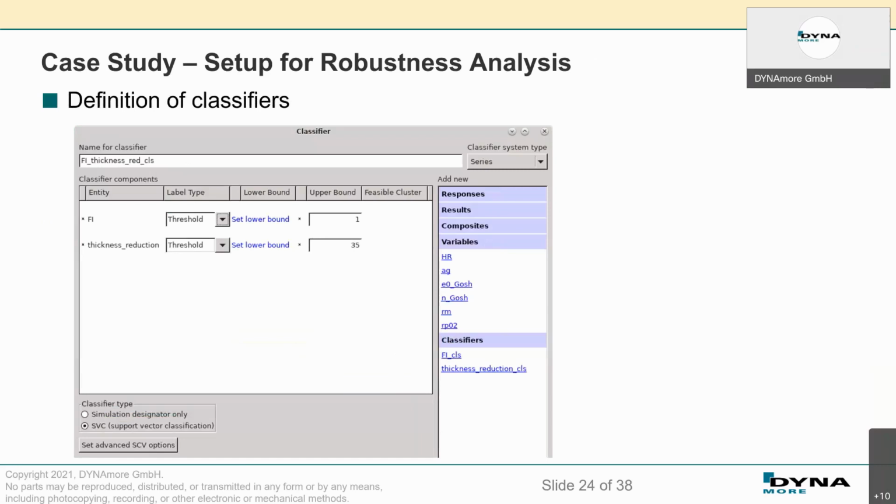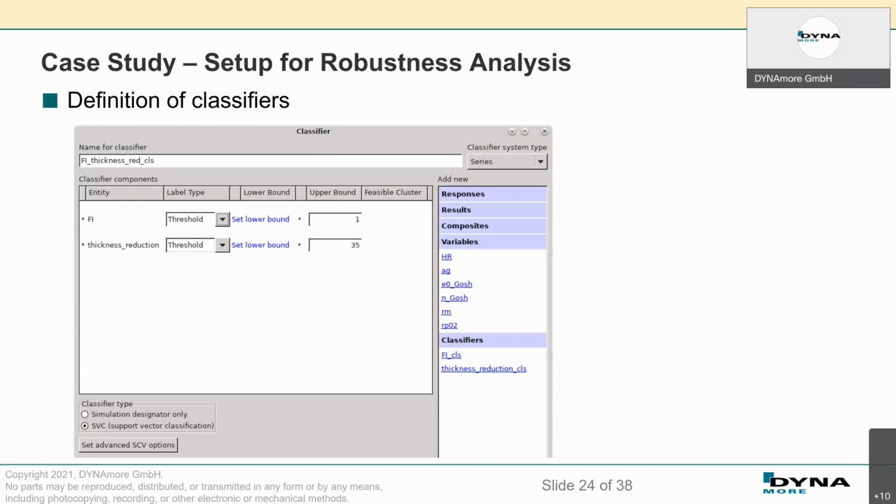To use the adaptive sampling, we first need to define the classifiers. To define a classifier, we first need to extract the components we want to use from the LS-DYNA simulation results. I won't go into detail for that step.